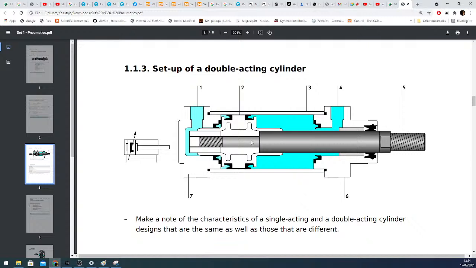But when the cylinder starts to move, the volume that we need to fill here, this area here, starts to expand. And on the other side, of course, this area here is going to get smaller. That's exactly the thing.